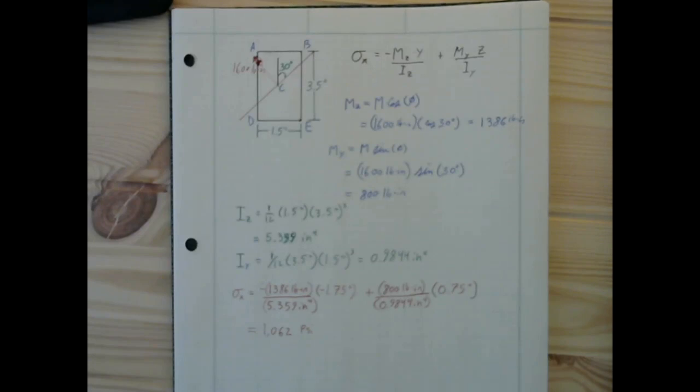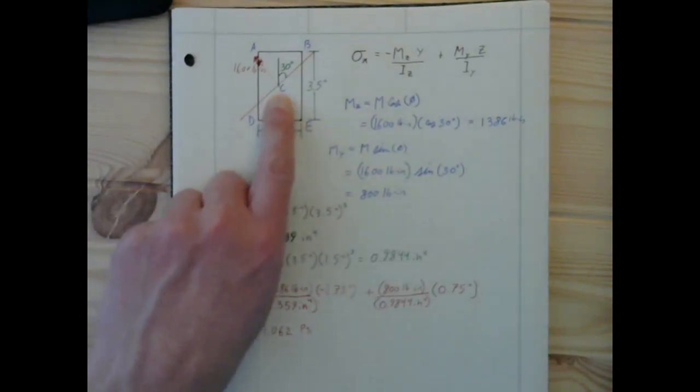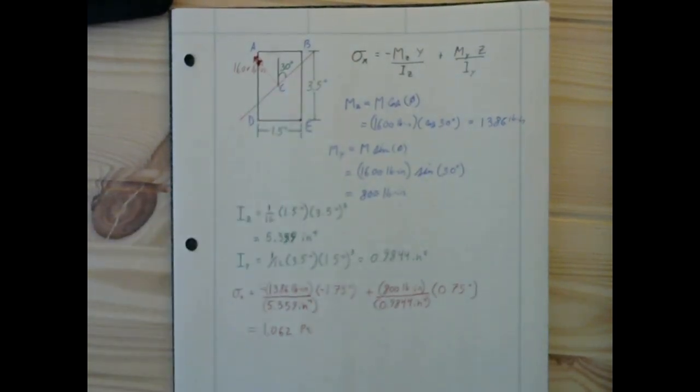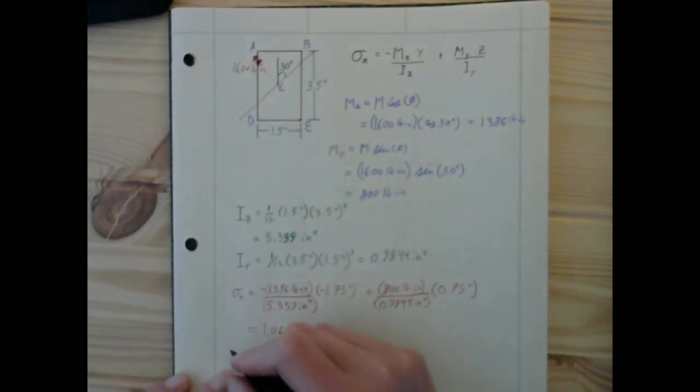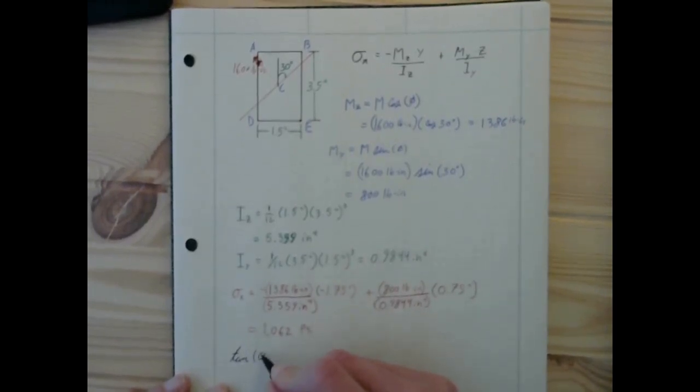All right, so now we want to know about the neutral axis. It's going to go through the centroid, point C. C is for centroid. So for that, we're going to want to use this equation, that the tangent of the angle is equal to, well, y over z, yada yada.